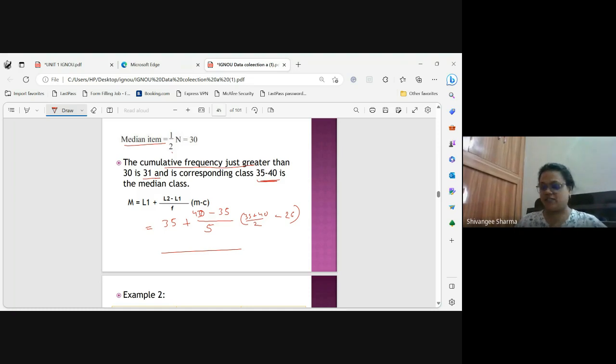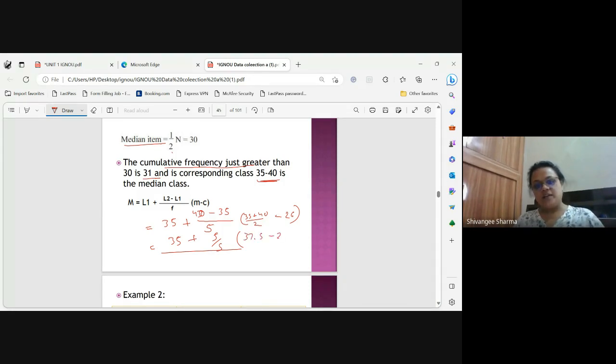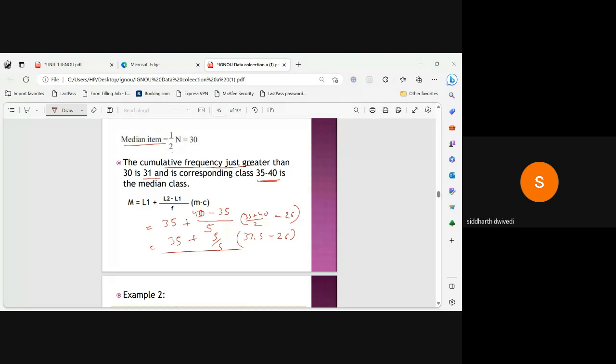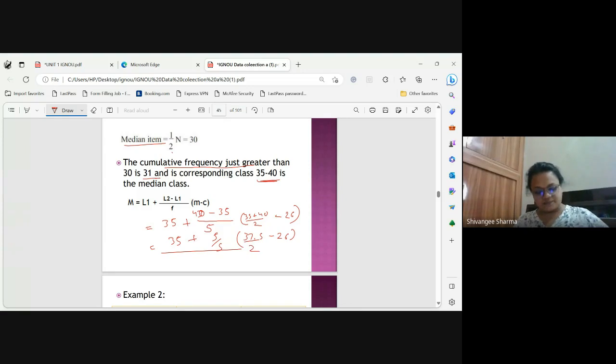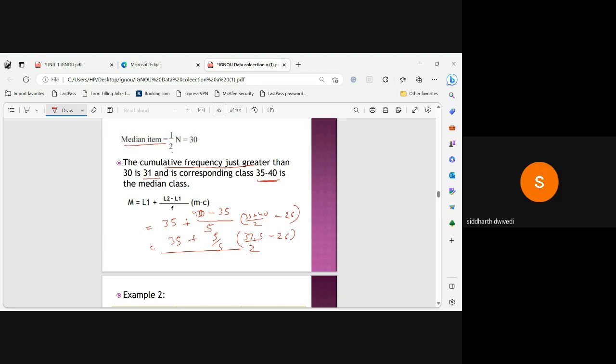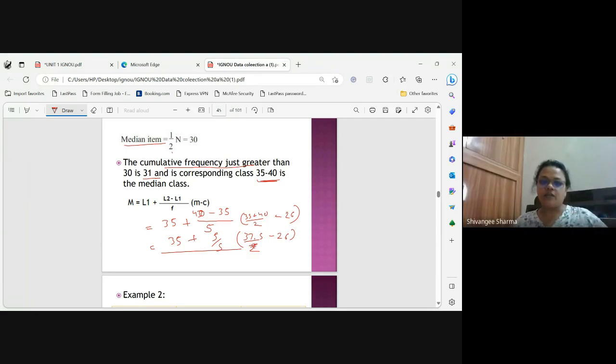How is it 64? Let's check it once again. We have 35. 40 minus 35 will be 5 upon 5. 35 plus 40 divided by 2 is coming, I think, 37.5 minus 26. 35 plus 40 will be 75, and divided by 2 it will come 37.5, right?